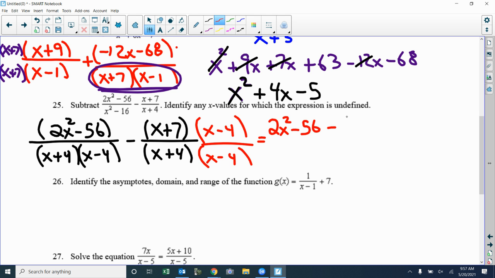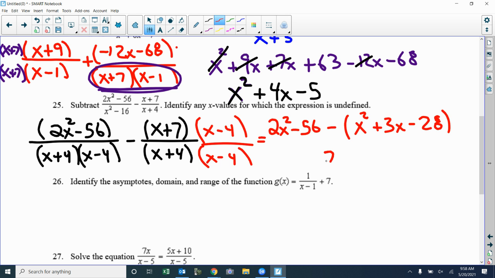It's going to be subtract, and we'll just FOIL this regularly. So x times x will be x squared. That's going to give me minus 4, and then I'm going to end up with plus 7, so I'm going to end up with plus 3x. I'm just combining those middle terms and not writing them out, and then we're going to end up with minus 28. 7 times negative 4.